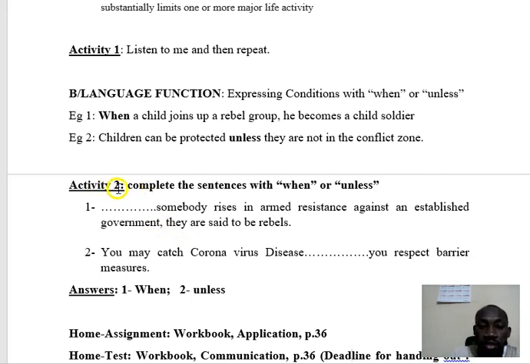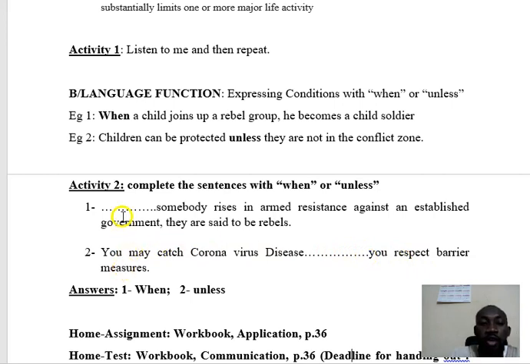Activity 2: complete the sentence with when or unless. One: Somebody rises in armed conflict against an established government, they are said to be rebels. Two: You may catch coronavirus disease that you respect barrier measures.